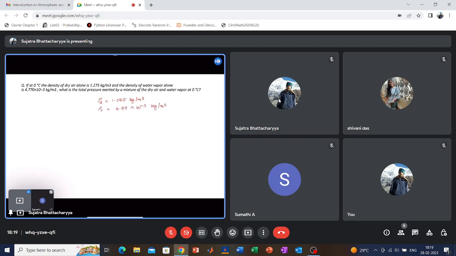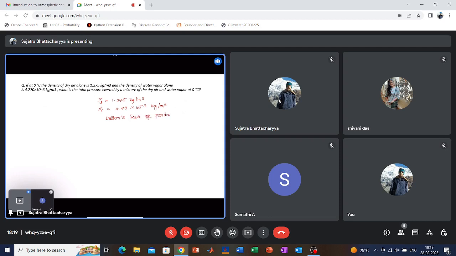What is the total pressure exerted by a mixture of dry air and water vapor? This will be given by Dalton's law of partial pressure, so we will use that.